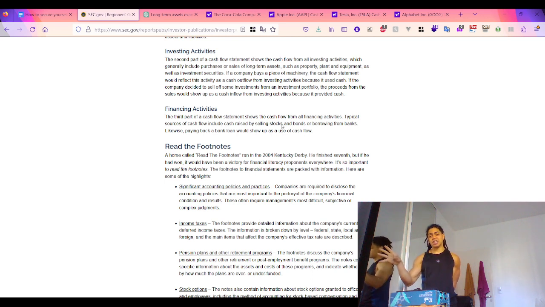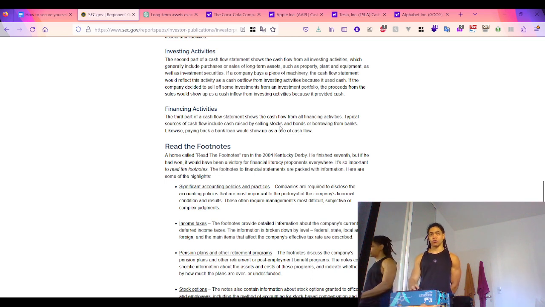Well, actually, this is an inflow of cash because you receive cash from one of these financing activities. But if you, for example, lend money, that's a cash outflow from the financing activity.